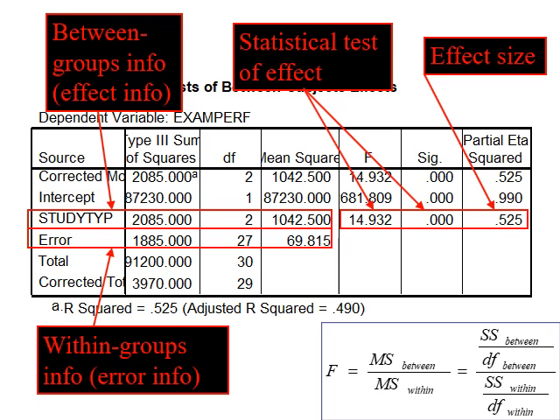We're simply going to divide our effect by our error, and that's going to give us our test statistic in some form. In this case, an F statistic, because this is an ANOVA, 14.932. We'll also find out if it's significant, and if it's significant, we'll also get our effect size. So again, just recognize how this process is happening across all statistics when we're looking at SPSS readouts.